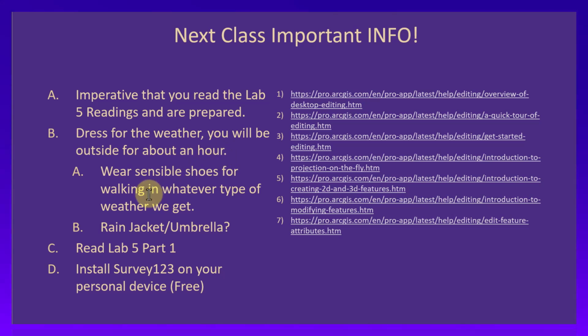Wear sensible shoes, and whatever type of weather we get, make sure you have a rain jacket or an umbrella if you use umbrellas. Read Lab 5 Part 1. Install Survey123 on your personal device. It's free. And then there are a bunch of web pages that I suggest you take a peek at in terms of what's coming up in the next lab.